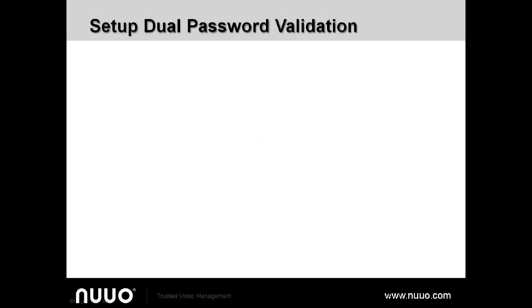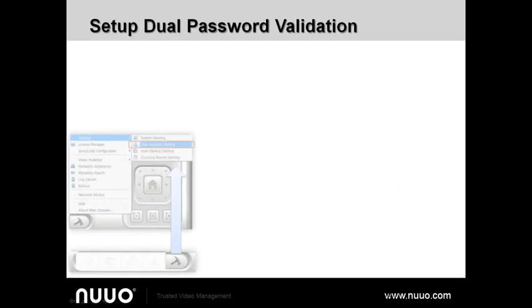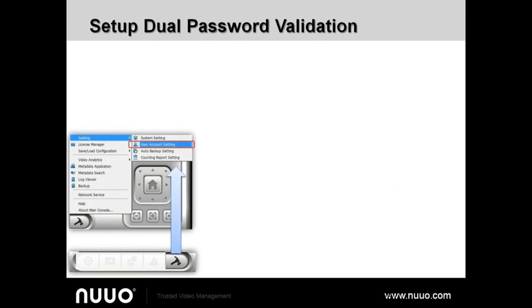So how do we set up the dual password validation function? First, click on the general setting and then setting, then select user account setting. And please kindly note that only a non-admin user can enable the dual password validation function.